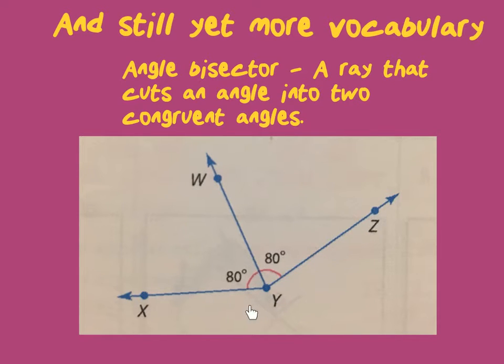And then we also have the ray YW. We know that ray YW is an angle bisector because it cuts XYZ into 2 different angles. Here's one angle, here's the other angle. And because these 2 are congruent, they're both 80 degrees, it's an angle bisector.